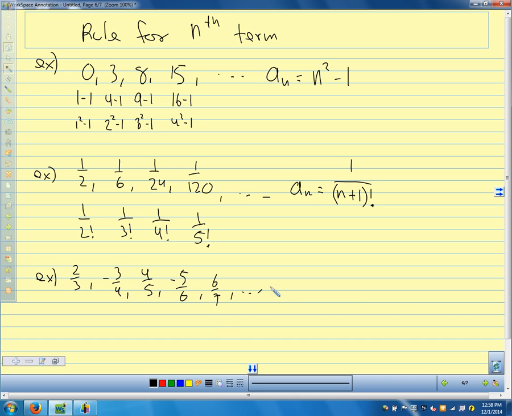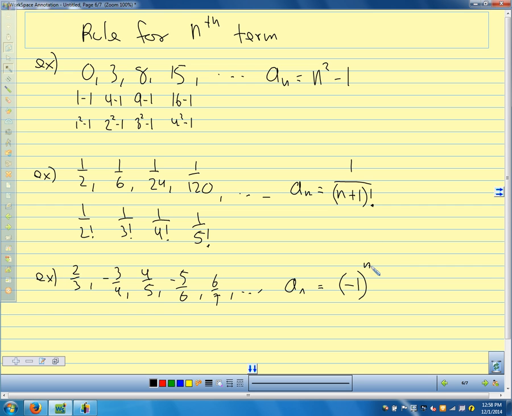All right, so what is that, the alternating signs? What are we going to have in our term? We have a positive, negative, positive, negative. So we're going to have a minus 1. Does the n power work? Minus 1 to the first power is negative, right? Negative 1. So how do we get it to be positive?